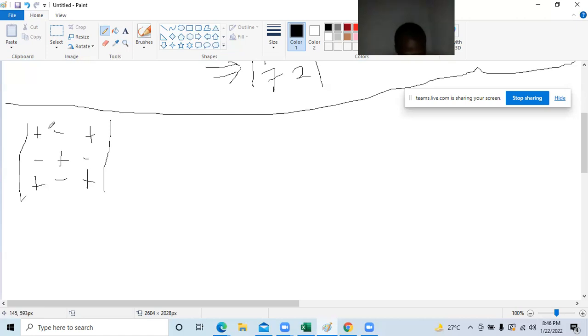So put this formula down somewhere. So if we have a matrix A, B, C, D, E, F, and G, H, I.